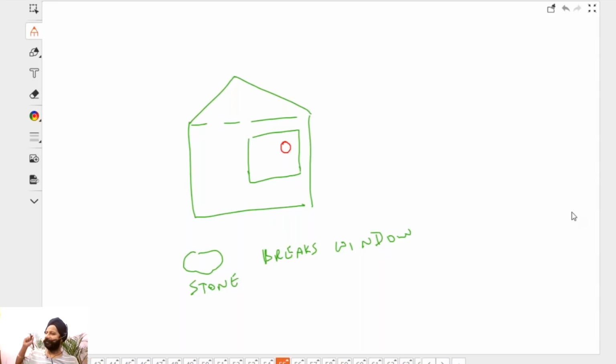Why? Because the gun bullet was going with such a fast velocity, it did not have enough time to spread its energy around. The stone was so slow that it spreads its energy there. So even though the gun bullet had more energy, it was so fast that zoom, the window doesn't even realize what happened. Okay, now Abhinaya says, I get it.